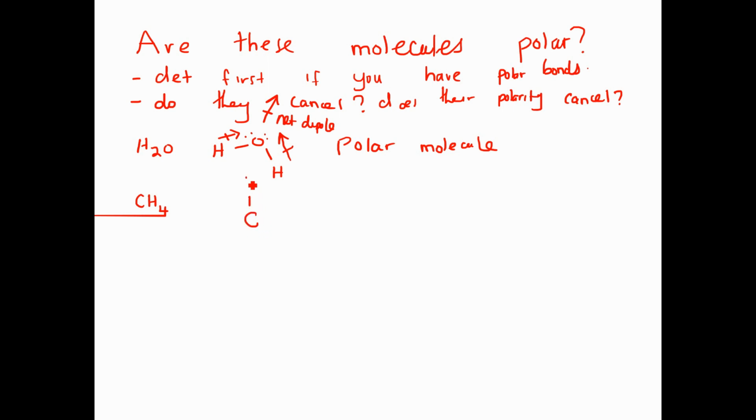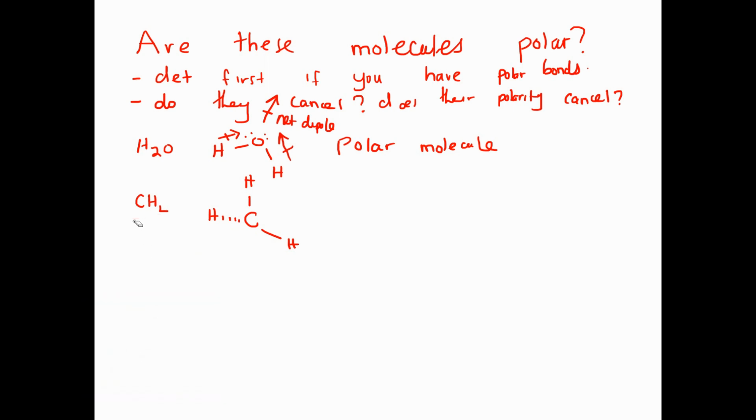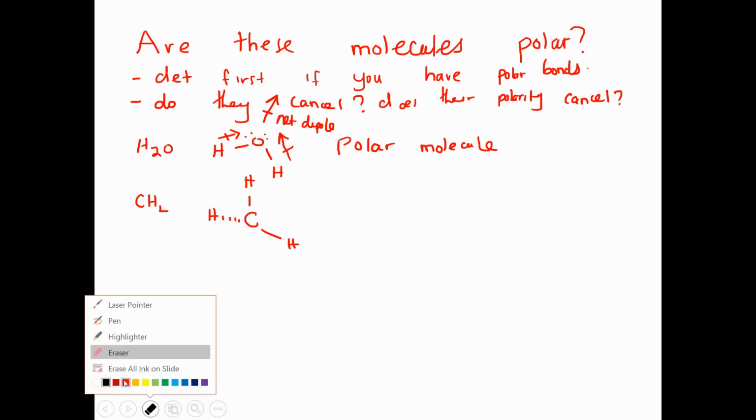So if I'm to draw the Lewis structure of CH4, this hydrogen will be to the back. That's what the hatched, broken bond means. Let me clean this up.